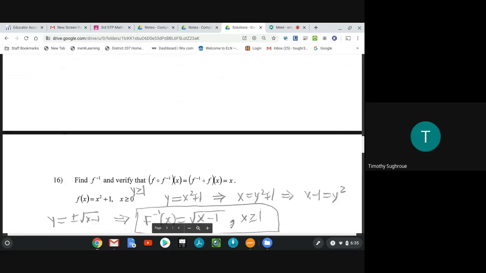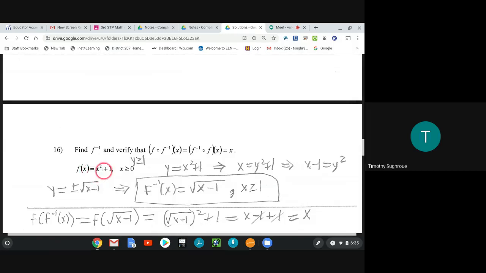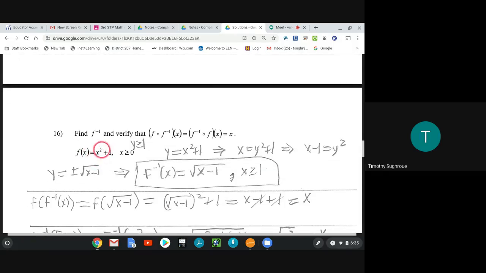Problem number 16, we're doing the same thing. Notice that this is a quadratic. A quadratic is not a one-to-one function, so it does not have an inverse. However, if we limit that quadratic to a one-to-one portion, then we can find the inverse. So this is a parabola that opens upward.